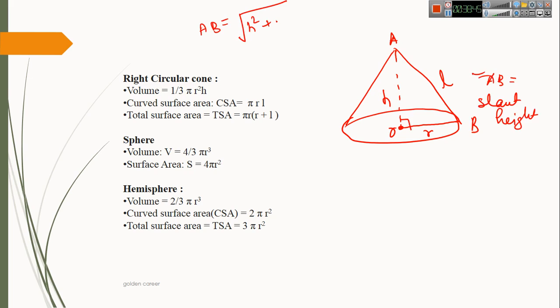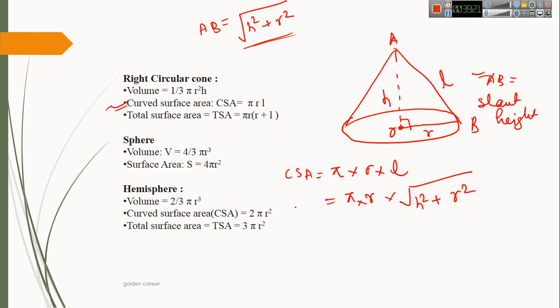Then we have the right circular cone. If we have a cone, then OA is equal to height, OB is equal to the radius of the base, and AB equals the slant height.